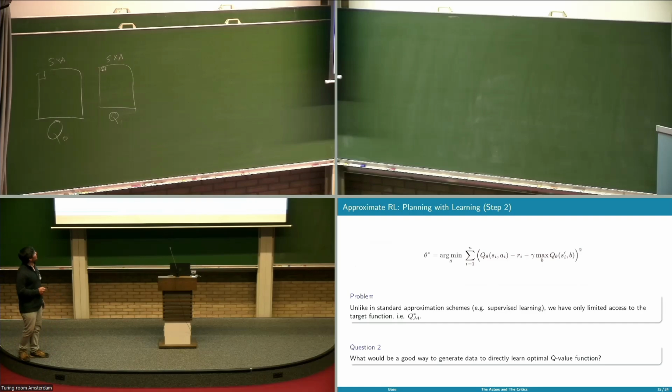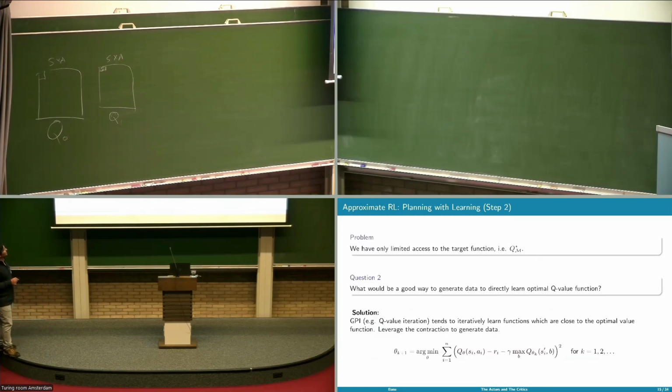You rather want to iterate and leverage the structure that you know, and you don't want both the target and the thing you are estimating moving at the same time, right? To decouple them, you leverage the fixed point property of the Bellman operator itself. You keep the thing on which you apply the Bellman operator as theta k, and on the other side you try to estimate theta k plus 1. Okay?